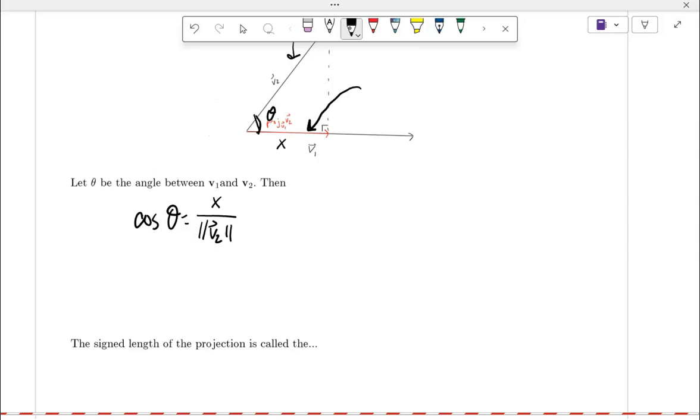We have a formula. If I'm given V1 and V2, we have a formula for the cosine, don't we? The formula for the cosine is the inner product of the two vectors divided by the product of the magnitudes of the two vectors, right?